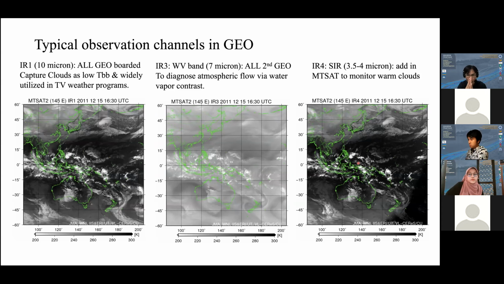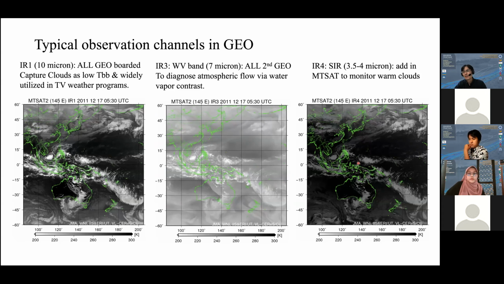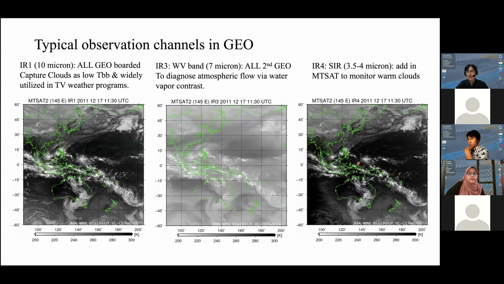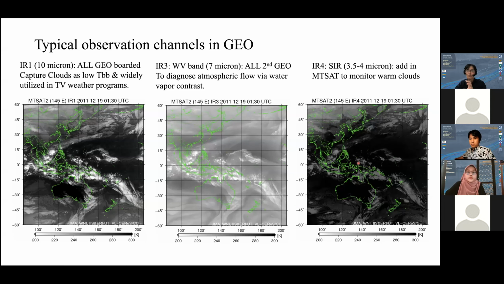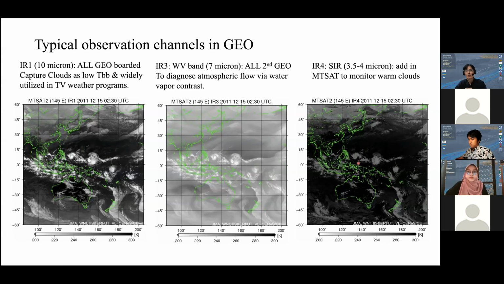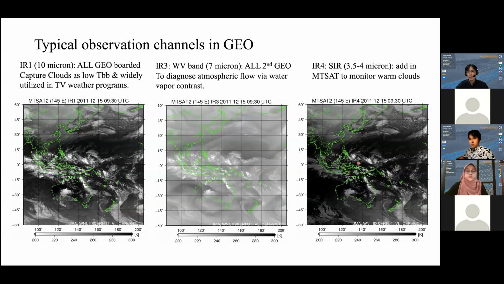So this is a very interesting wavelength. This wavelength is suitable for relatively low-level cloud detection. So this is an example of the typical observation channels in the geostationary meteorological satellite. This is the basic information.